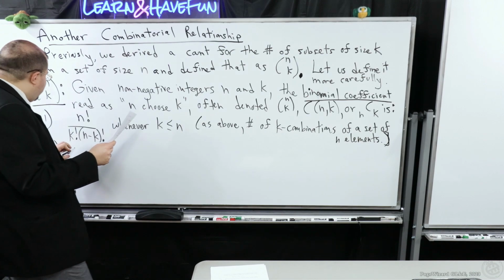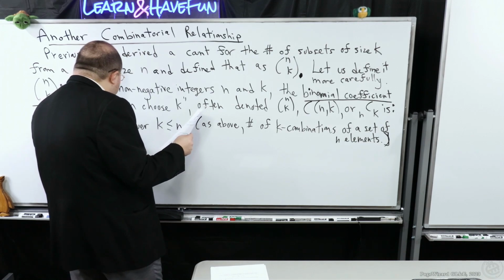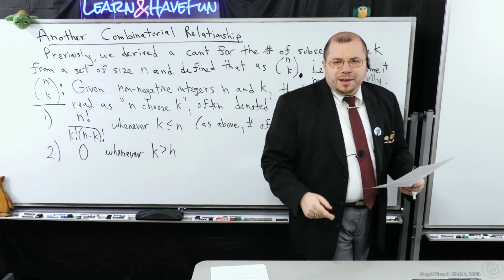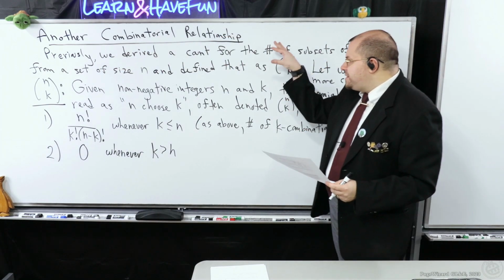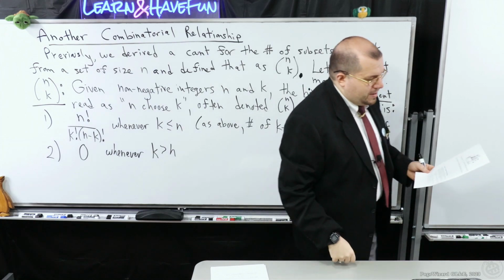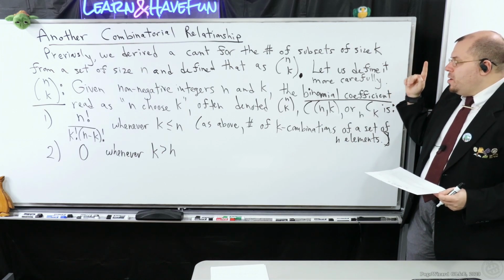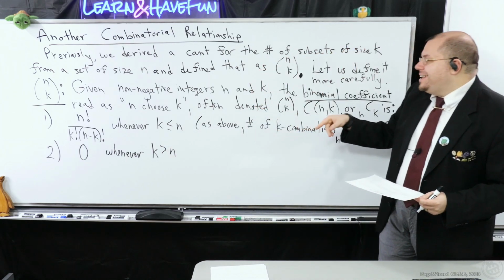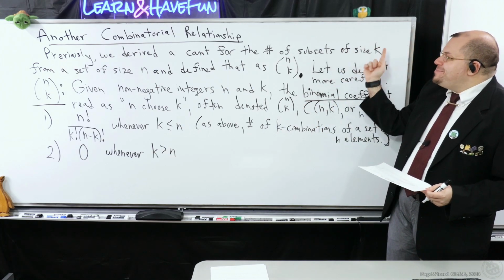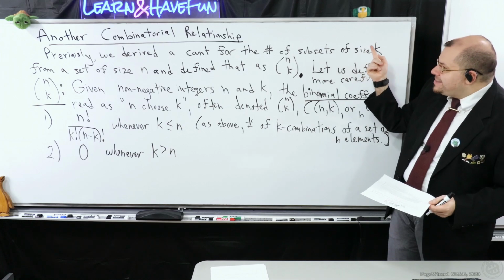What I'm going to do is define n choose k to be the value 0 otherwise, whenever k is strictly bigger than n. You might ask, why would it be 0 in this case? Think back to what n choose k is, as we defined it above: the number of subsets of size k from a set of size n.